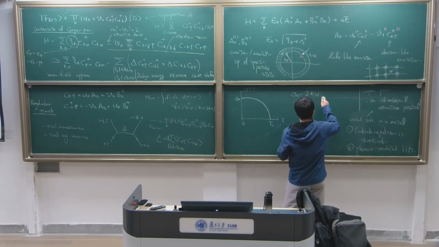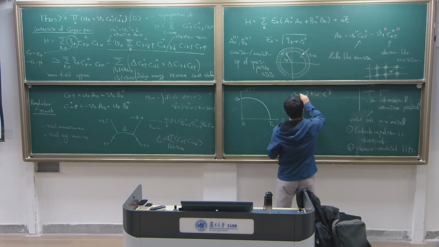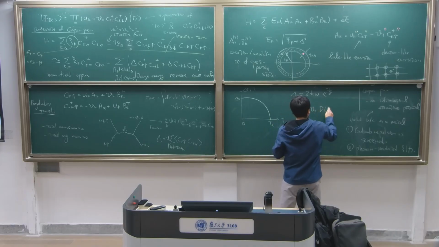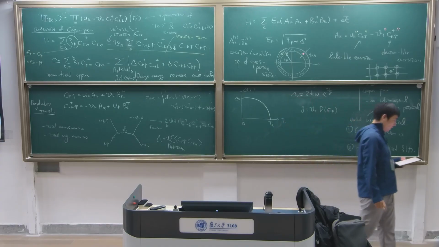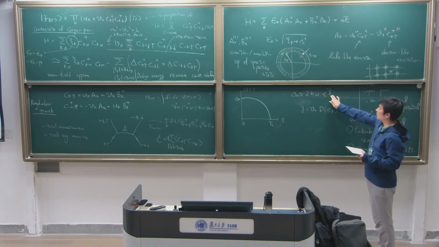Roughly, e to the 1 over G, minus roughly, where G is given by G0 times the density of states. And here you can assume that.